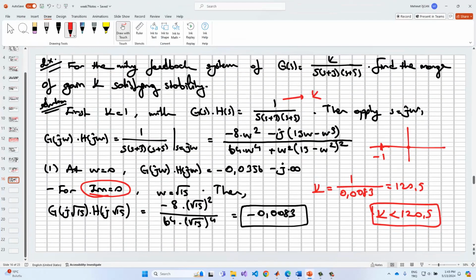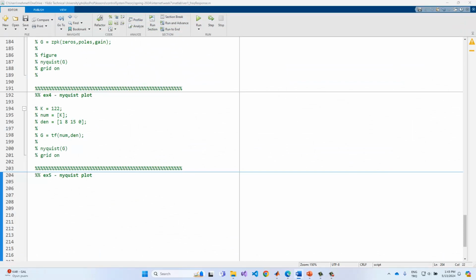So what's the other point in here? Firstly, we can use the Nyquist plot in here, or we can plot the Nyquist with manual calculations. How can we do that?